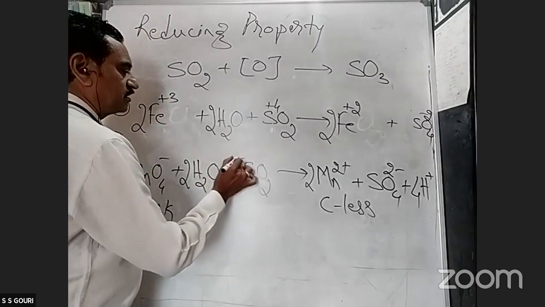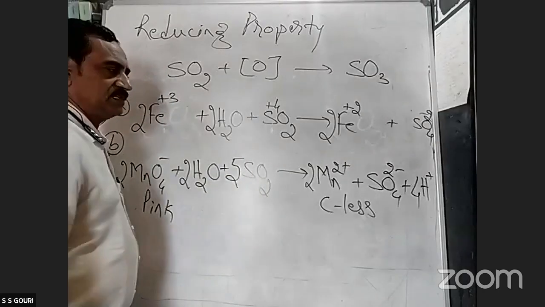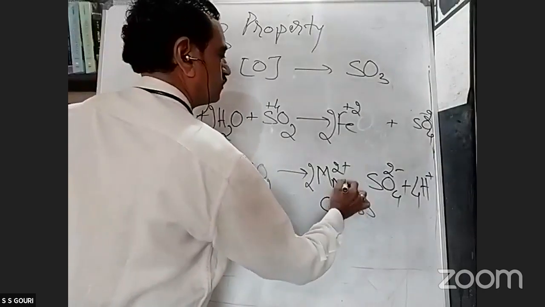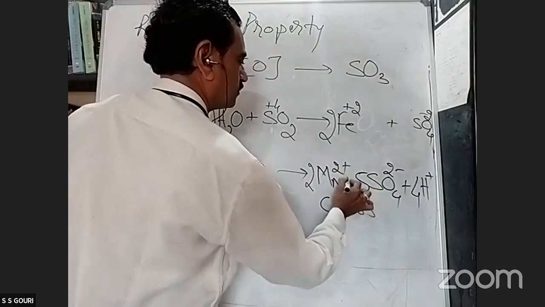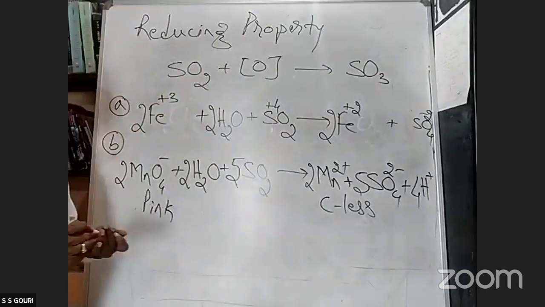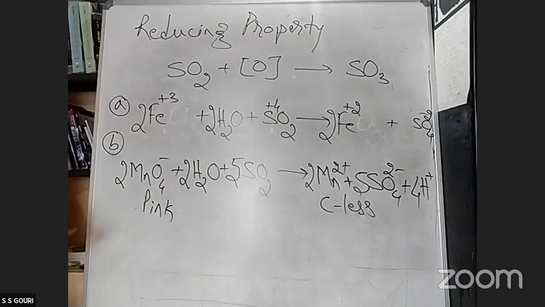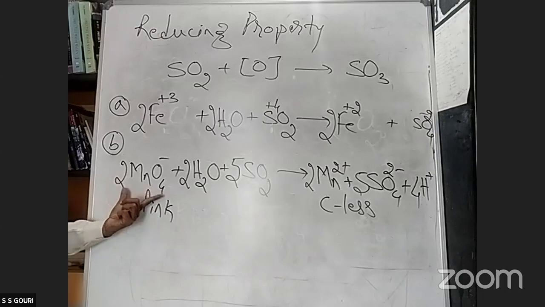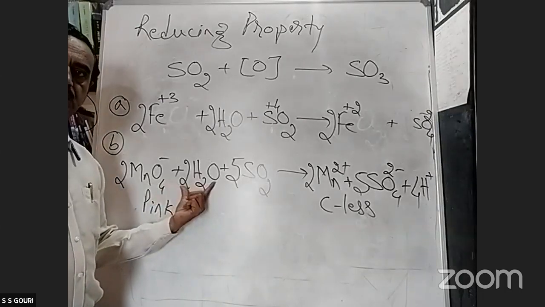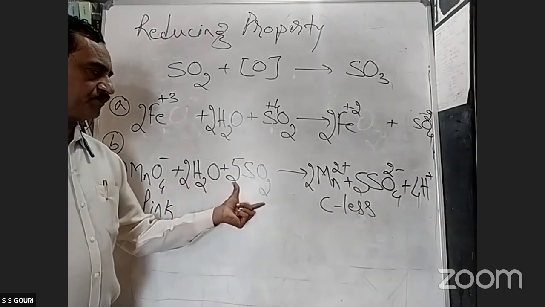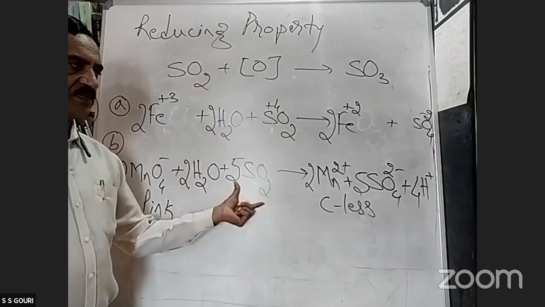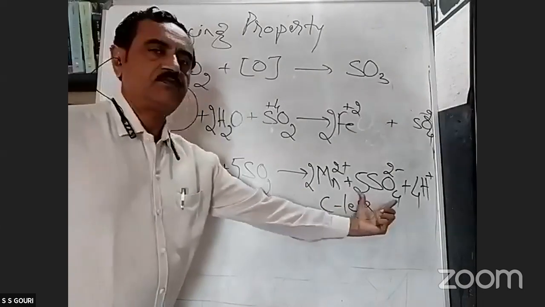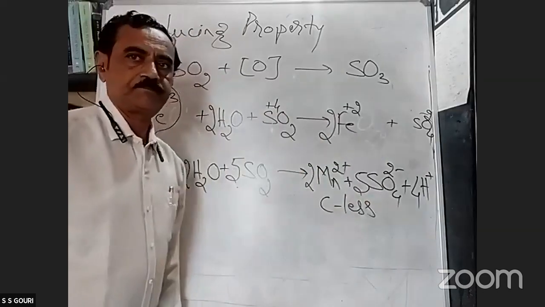So you make it 5SO2 and you will balance it. Here 5SO4 minus 2. ಆಕ್ಸಿಜನ್ಸ್ ಎಷ್ಟಾದು ನೋಡ್ರಿ? 8 plus 2 is 10, plus 10 is 20. And this side 5 4s are 20.